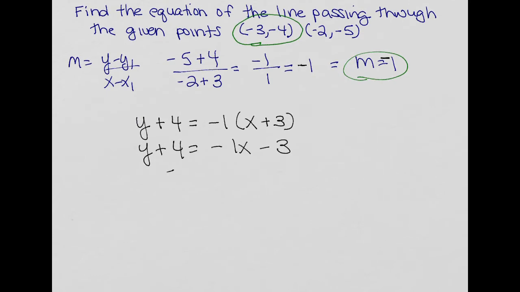And then we'll subtract 4. So y equals, this -1x I'm just going to leave as -x. Hawks doesn't like it if you have a 1 in front of the variable. And then a -3 minus 4 is -7.